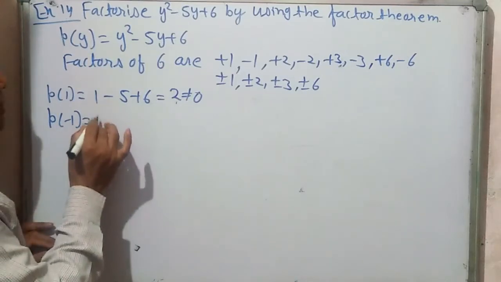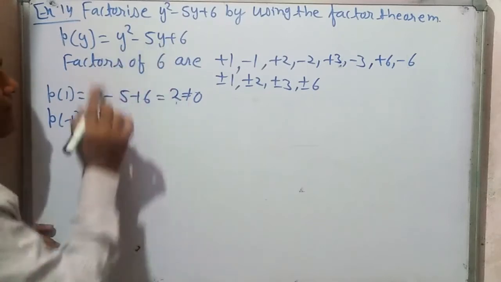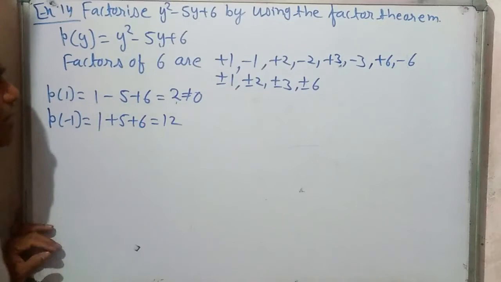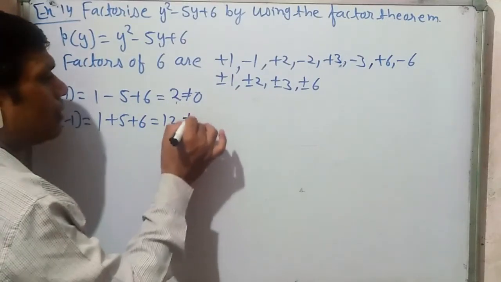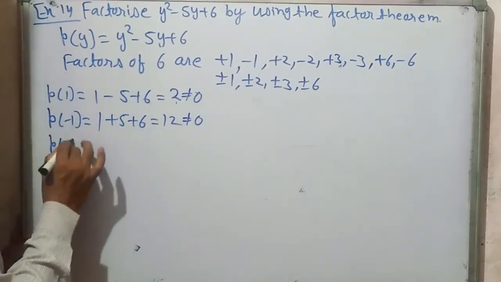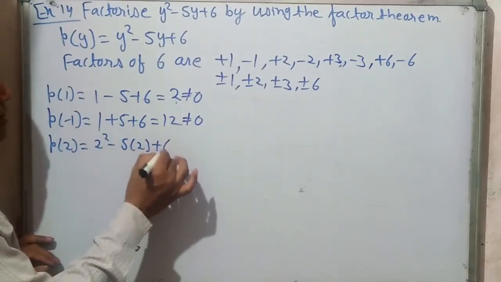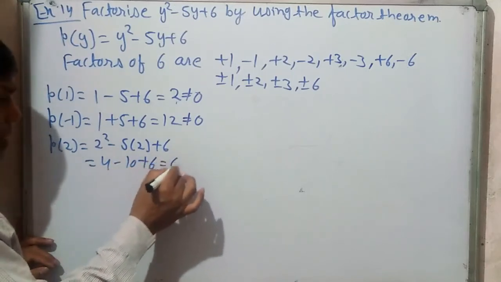That should be (−1) square, I am directly writing 1, minus 5 into minus 1, positive 5, plus 6. That gives 12. Not equal to 0. Let us judge with 2. 2 square minus 5 into 2 plus 6: 4 minus 10 plus 6. Yeah, that's 0.